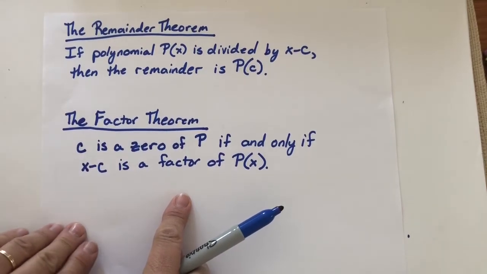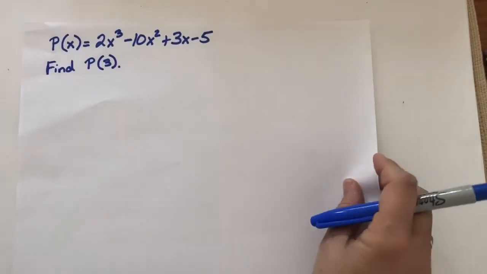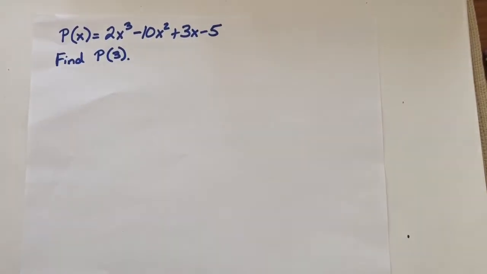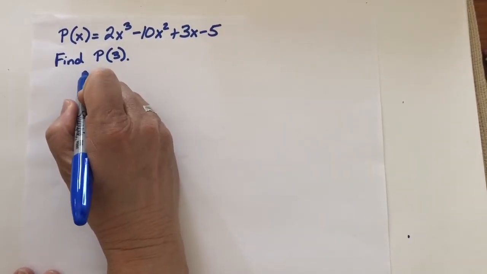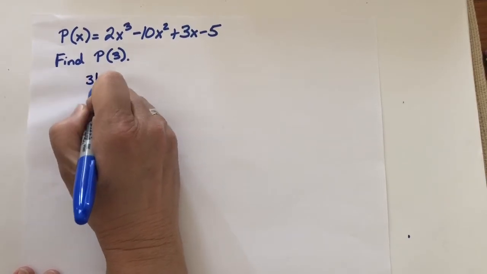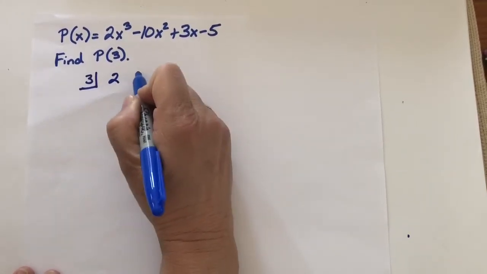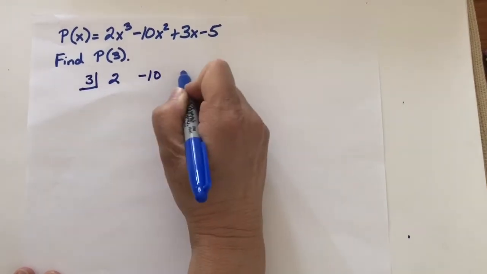So that brings me to the last two examples I want to give you. We'll do this problem right here, and we're going to use the remainder theorem. It says to find p of 3, and of course we could do direct substitution, but I want to use the remainder theorem that says we're going to do the division. I have 2, -10, 3, and -5.